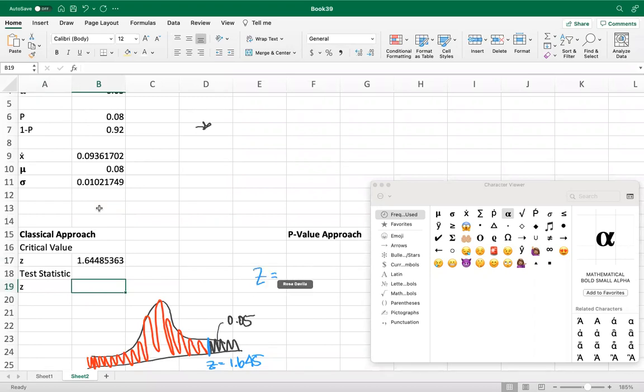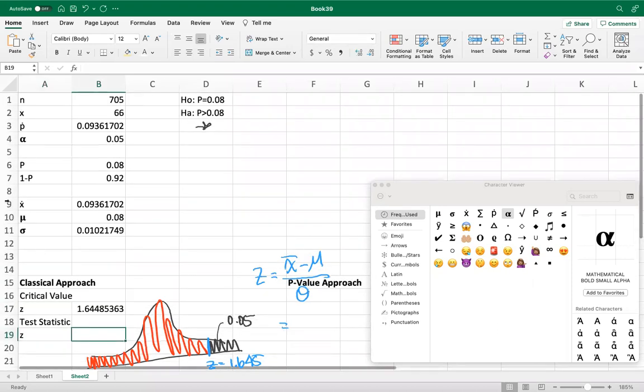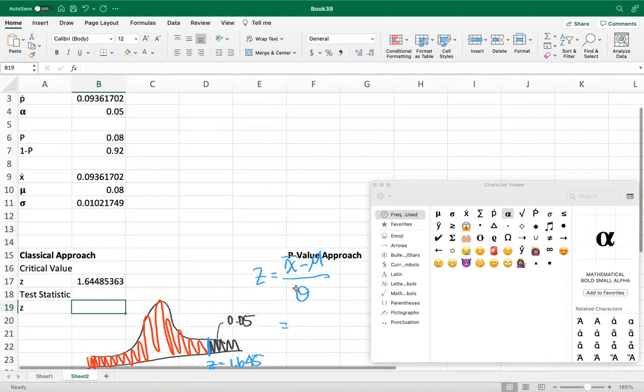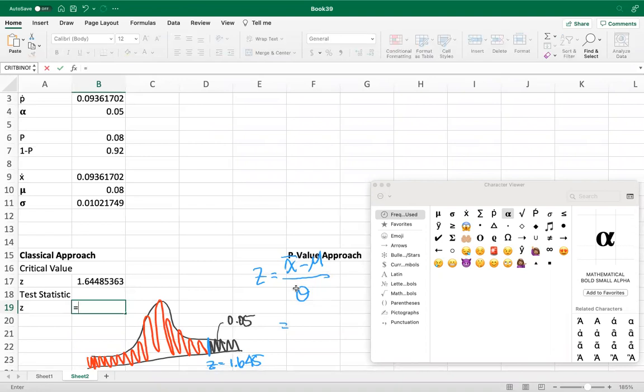So this test statistic comes from the actual Z score of this problem. So we have Z is equal to X bar minus the mean divided by our standard deviation. And this is why we always benefit from having really organized data right here. So our Z score is equal to the numerator, X bar minus the mean, divided by the standard deviation.